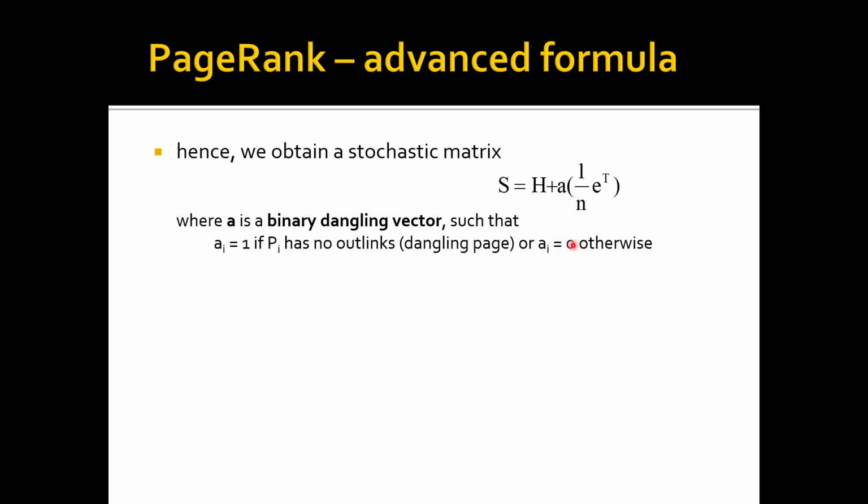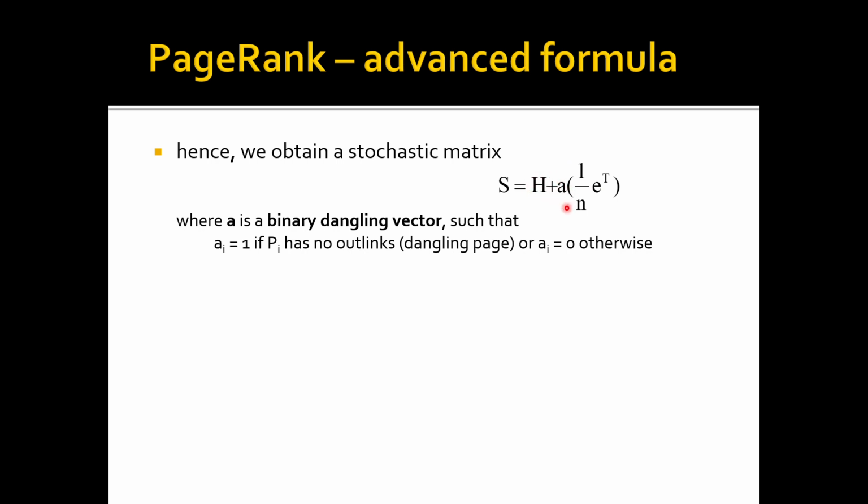So we get a matrix here that has non-zero rows only in places where in H there is a 0 row. So we just sum these together and we get what we need.